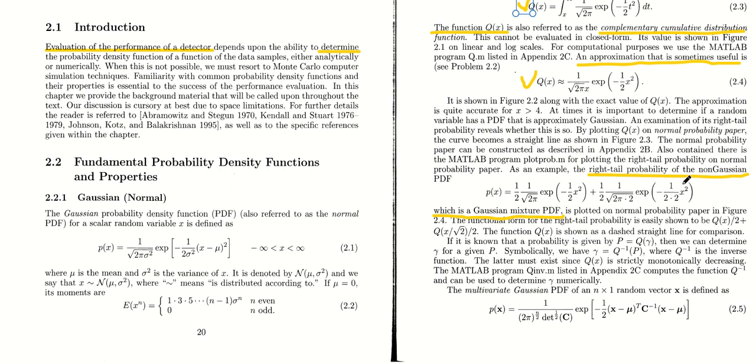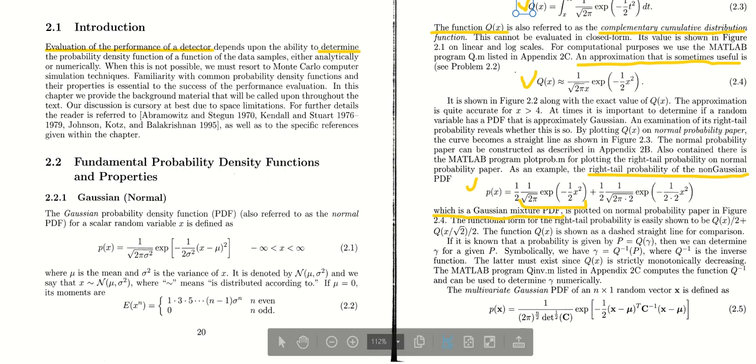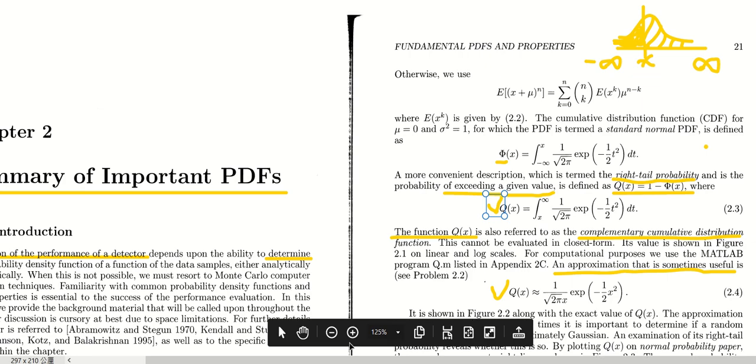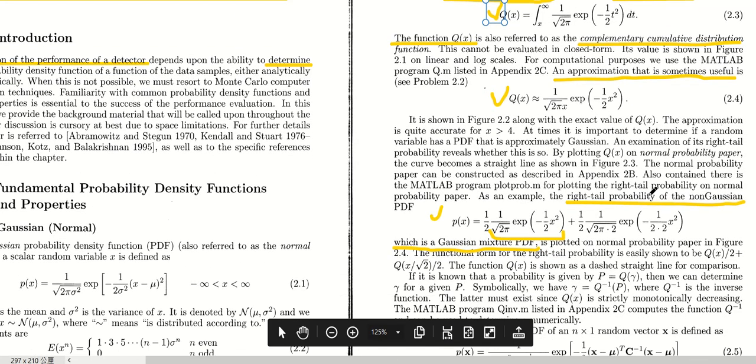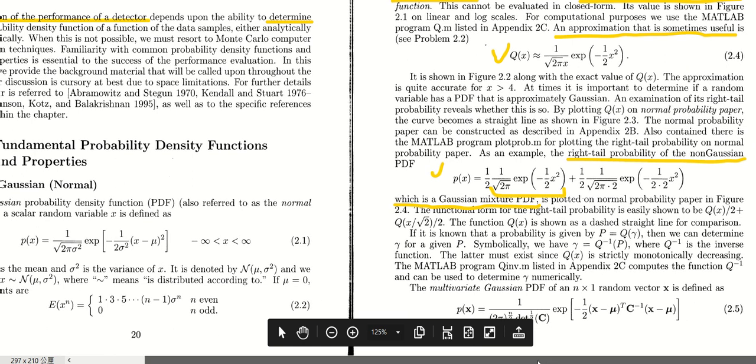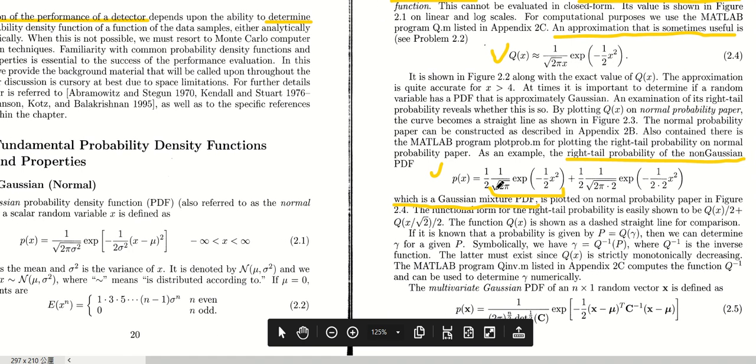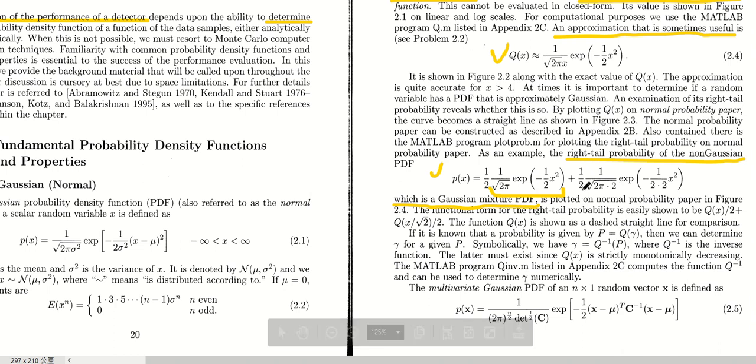Okay, Gaussian mixture. So what do we mean by Gaussian mixture? If we take a look at this part, what is this? This is actually a Gaussian distribution. And then this is again a Gaussian distribution.